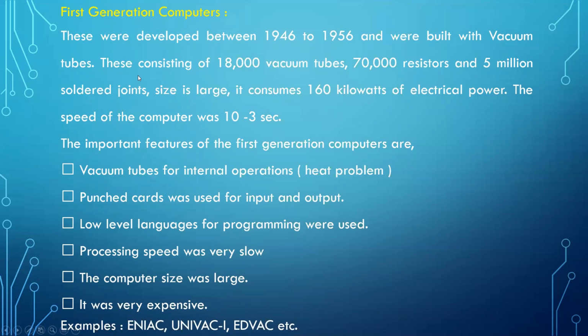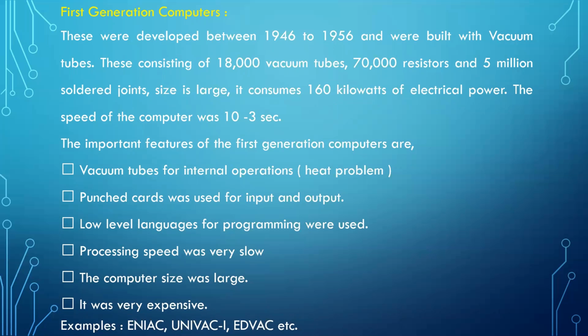To develop the first generation computer, it required around 18,000 vacuum tubes, 70,000 resistors, and 5 million soldered joints. This computer required around 160,000 watts of power to switch on, and the processing speed was in milliseconds, that is 10 to the power minus 3 seconds.